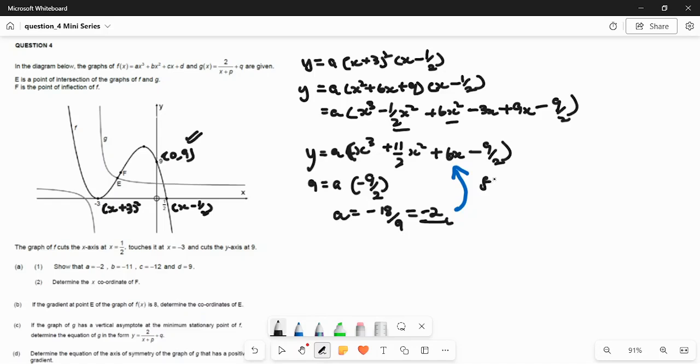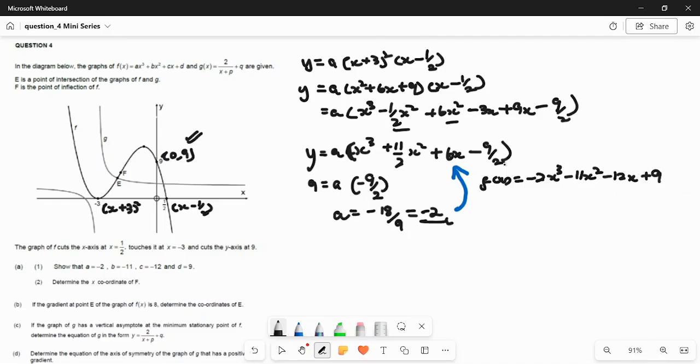So now we'll have f(x). I'll multiply everything by negative 2, so I'll have negative x cubed, the 2's would cancel, so I'll have a negative 11x squared, and then 6 times negative 2, that's going to be a negative 12x, and then the 2's will cancel here, and then I'll have a positive 9, since it's a negative times a negative.